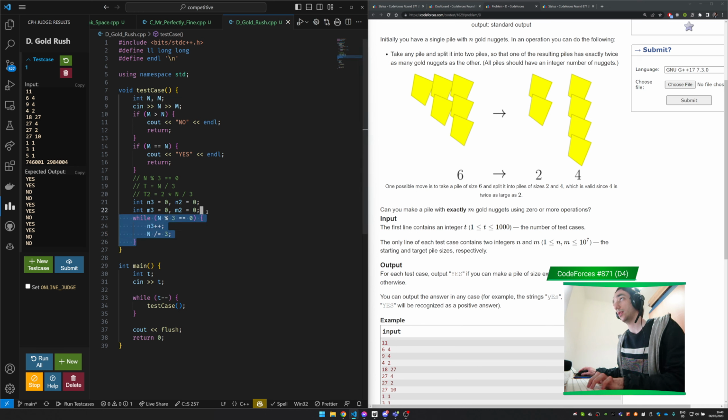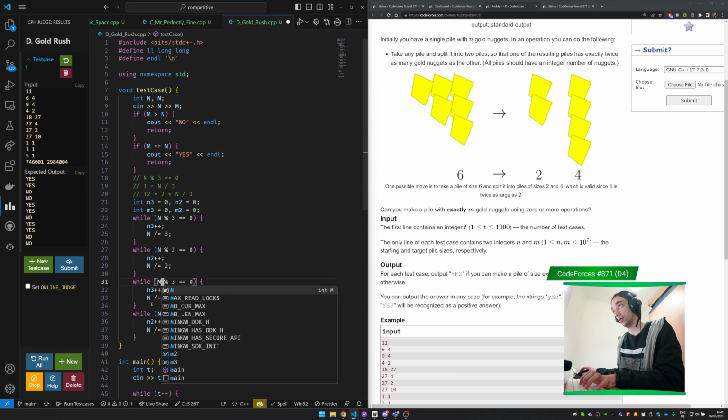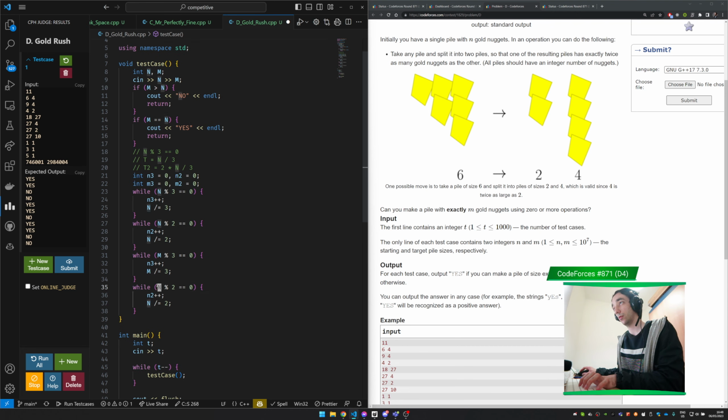Also, this is the same case as like 2. Now this is the same as m. I will do this as well. So m divides by 3, m plus plus, m plus plus.